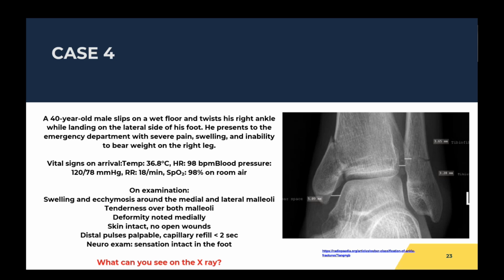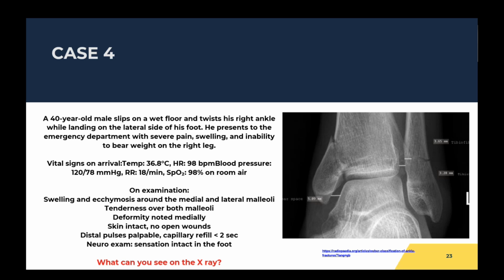So case 4 is a 40-year-old male who slips on a wet floor and twists his right ankle while landing on the lateral side of his foot. He presents to the emergency department with severe pain, swelling, and inability to bear weight on the right leg. Vital signs: temperature 36, heart rate 98, blood pressure 120/78, respiratory rate 18, oxygen 98% on room air.